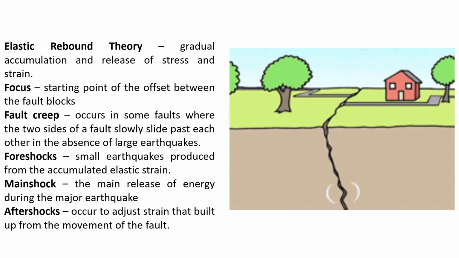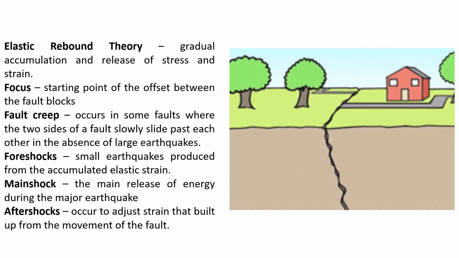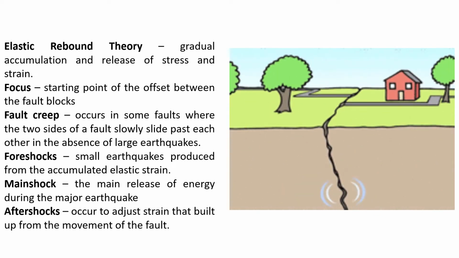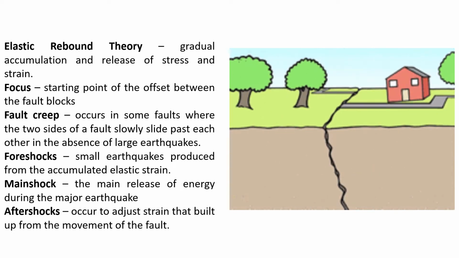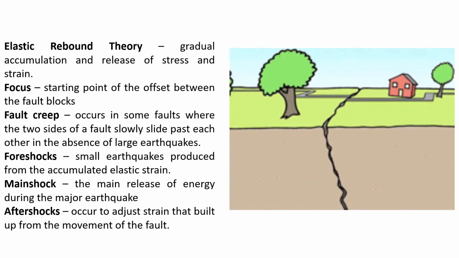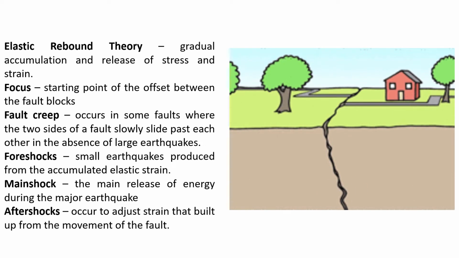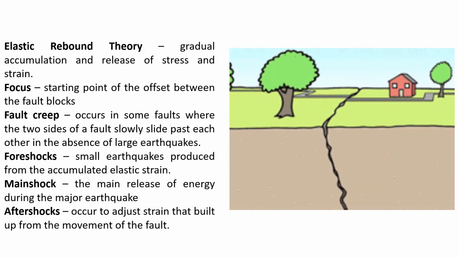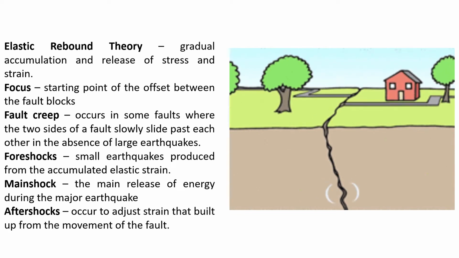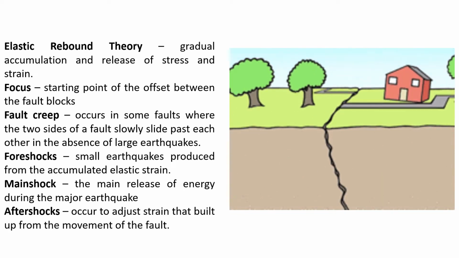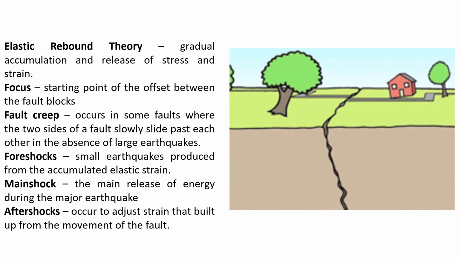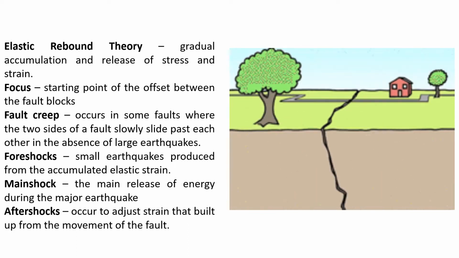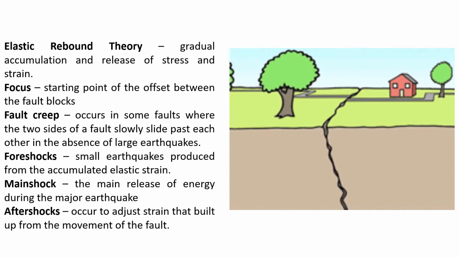These are called foreshocks and can occur hours or days before a large earthquake, or they may not occur at all. The main release of energy during the major earthquake is called the main shock. Now, aftershocks may then occur to adjust strain that built up from the movement of the fault. They generally decrease over time.